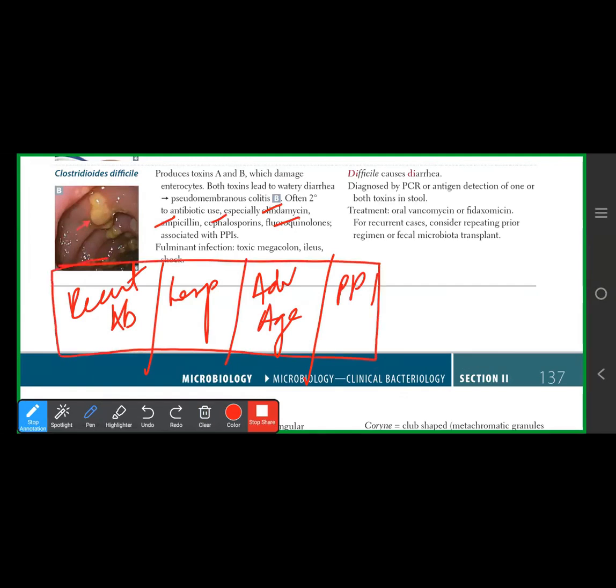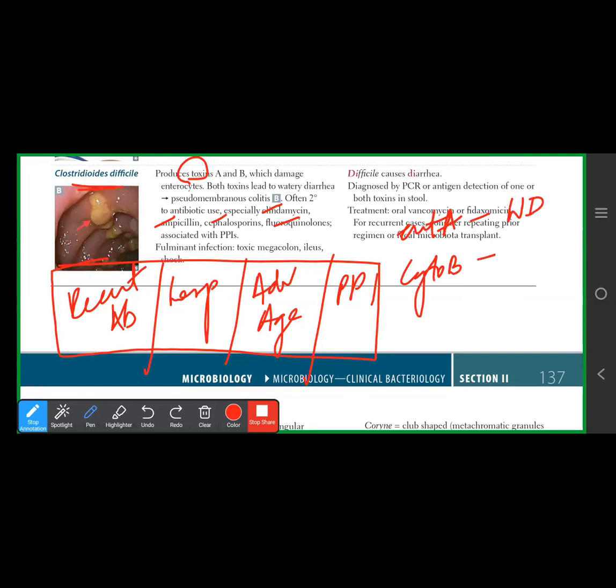What is the pathogenesis of Clostridium difficile? There is an intestinal overgrowth of Clostridium difficile. This overgrowth causes toxin formation, and the toxins are A and B. To put it simply, toxin A is an enterotoxin and toxin B is a cytotoxin. Enterotoxin A is going to cause watery diarrhea. Cytotoxin B is going to cause cell necrosis in the colon and fibrin deposition.